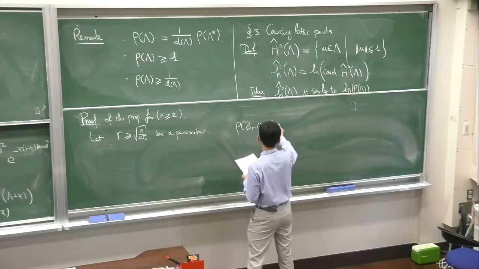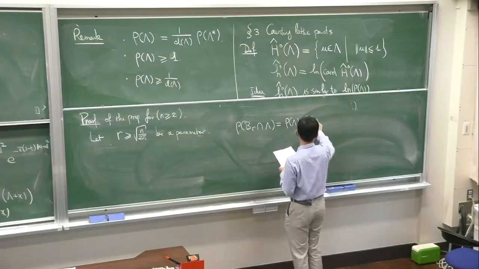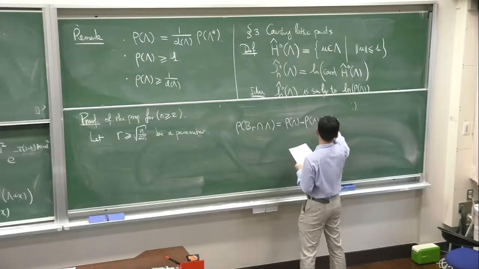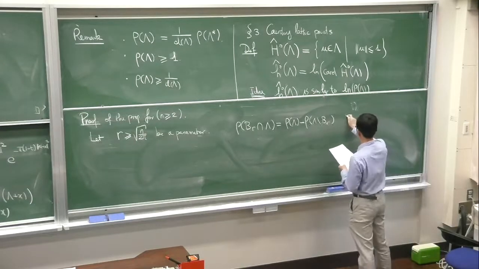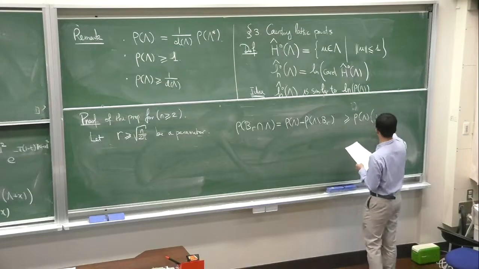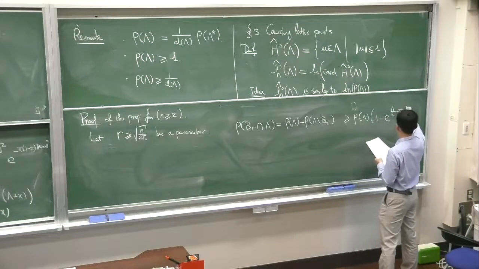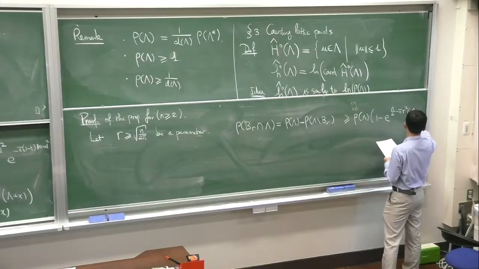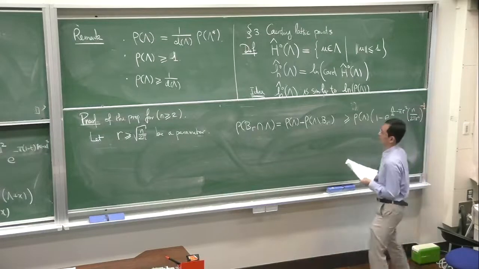So you have B_R intersection with lambda is just the rho of lambda minus rho of lambda outside the B_R. So this is bounded from below by rho of lambda times (1 - e^((n/2) - pi r^2) (2 pi r^2 / n)^(-n/2)).